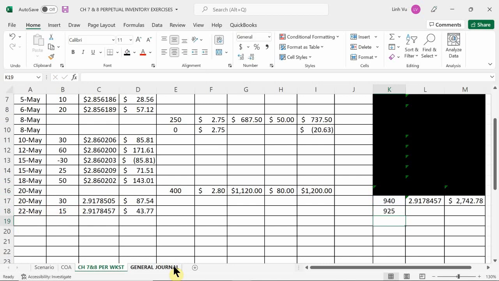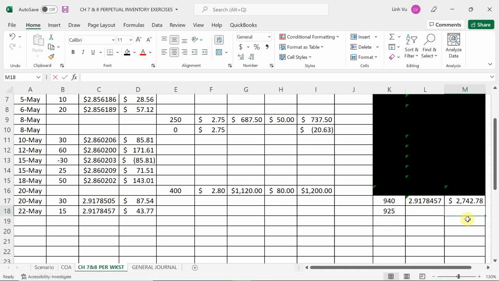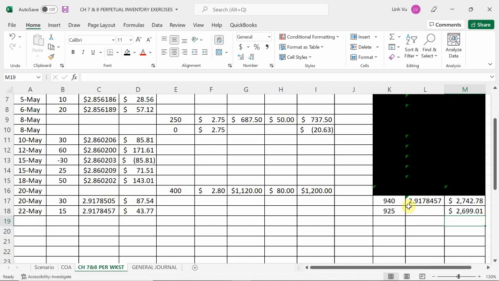So I should have a total of $925. Okay, I need to also adjust that I just sold $43.77. So I should now have a total of $226.9901. Okay. So that should give me an average cost per item of roughly the same.